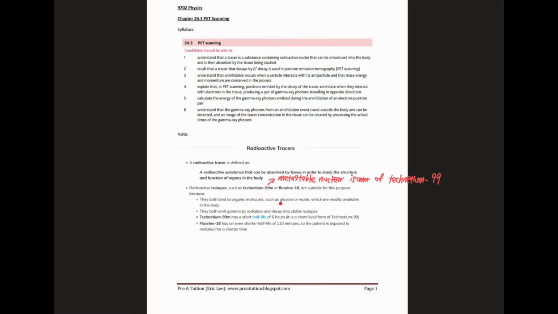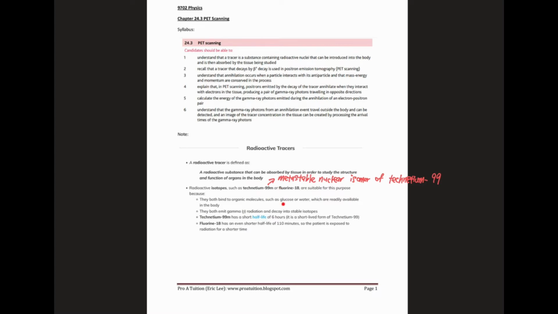The glucose or water that are sent to the cells at the same time have the radioactive isotopes stuck to them. Because of that, they emit positrons, radioactive particles or rays.